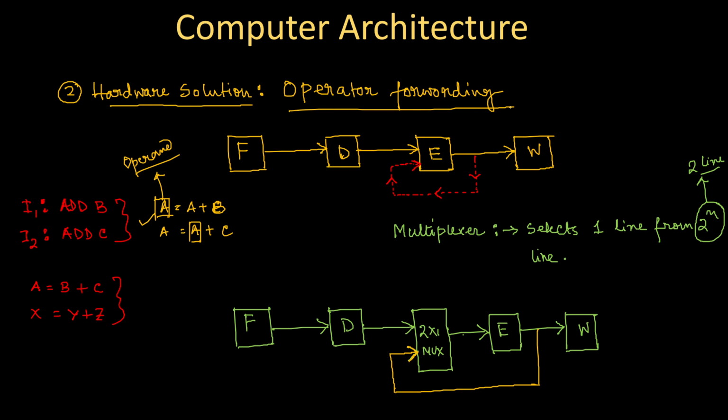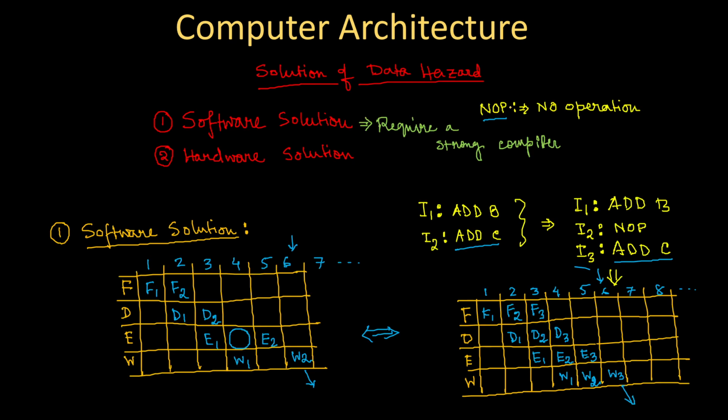So that means the solution of the data hazard we have discussed from two different perspectives. One from the software side, which requires a strong compiler so that it can understand the hazard and somehow insert some NOP instruction within your instructions, so that the stages cannot take any wrong value.